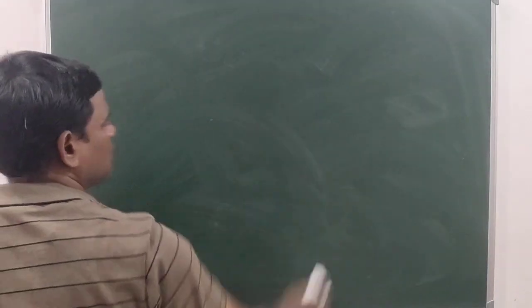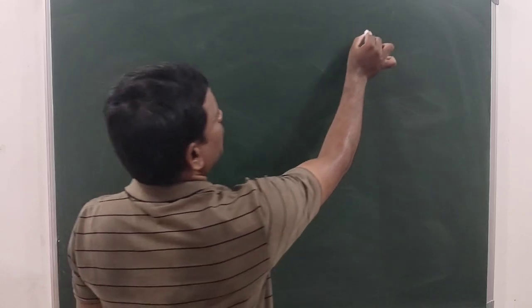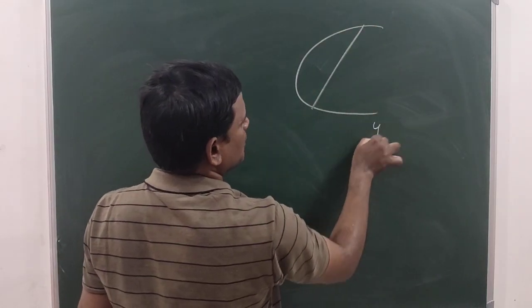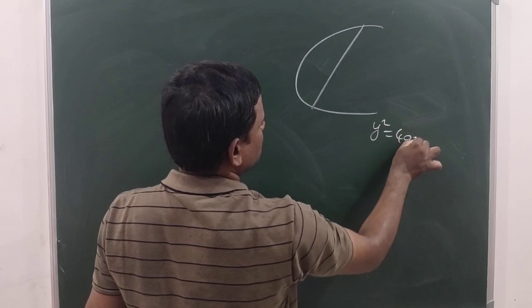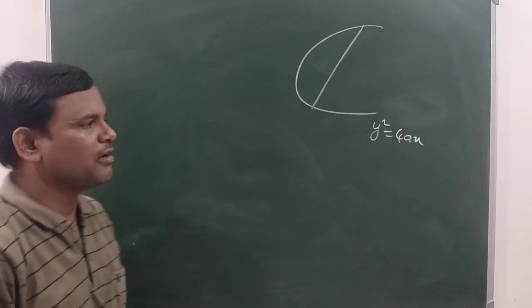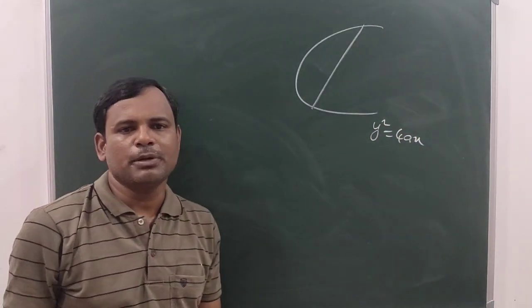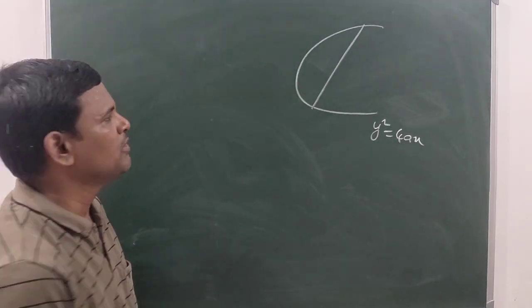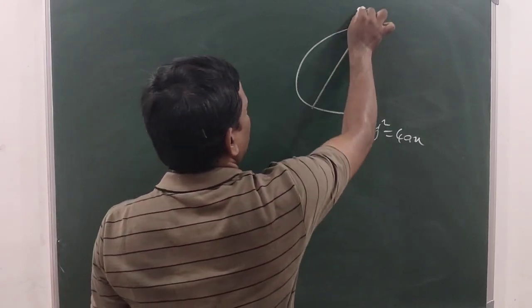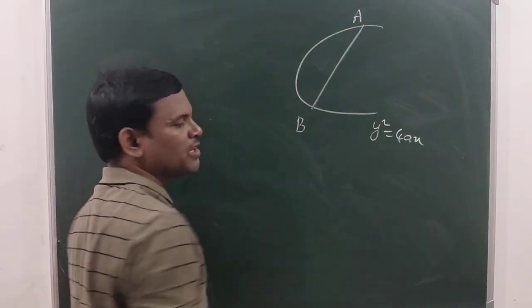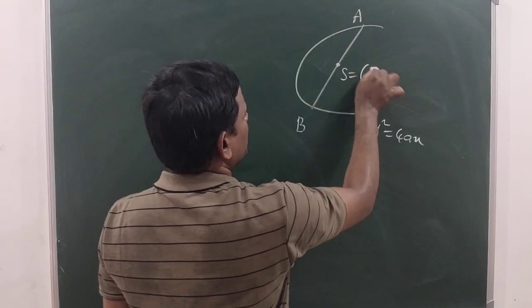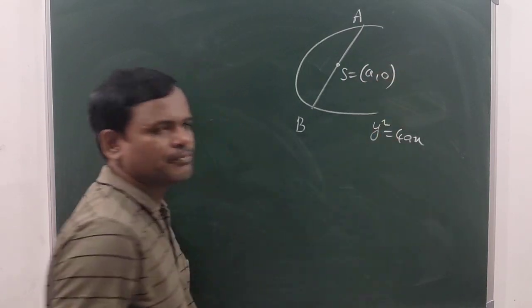Now, see students, for the focal chord here, what is the name of this parabola? y square equal to 4ax only. We are discussing all these properties for this y square equal to 4ax parabola only. So suppose here AB is a focal chord, which passes through focus (a, 0).